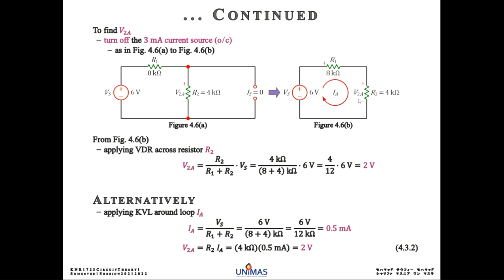So either way, you can also use the current to find V2A. So this is a bit longer. So you can see which one is easier for you. So you find the current and then you multiply the current with the resistor, you'll still get the same value of V2A.